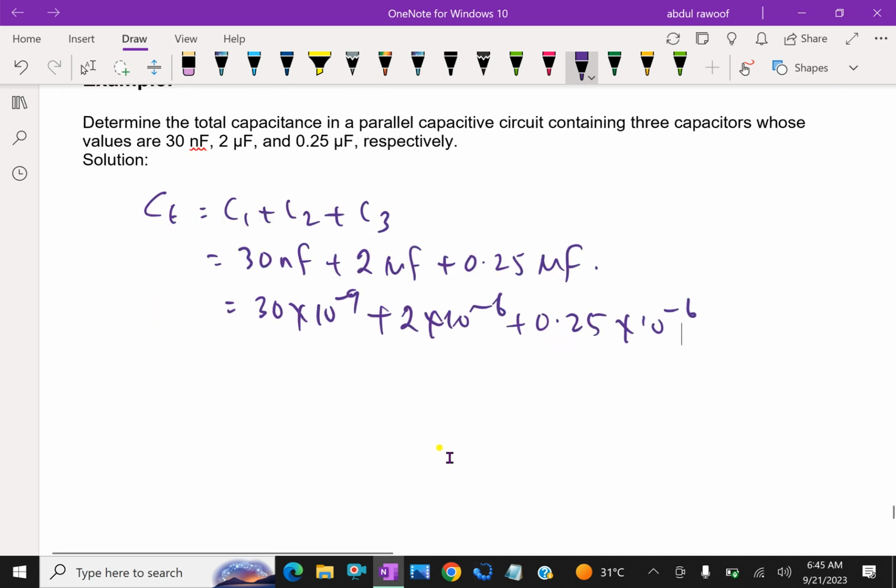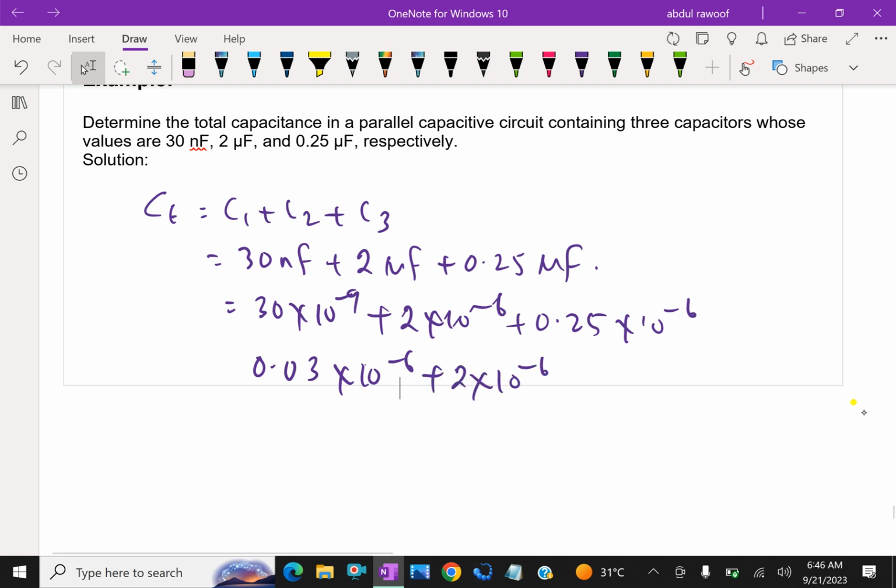Now further we have to convert this as 10 power minus 6, that means 0.03 into 10 power minus 6, because 3 places moved, and we converted this also to 10 power minus 6, plus 2 into 10 power minus 6 plus 0.25 into 10 power minus 6.